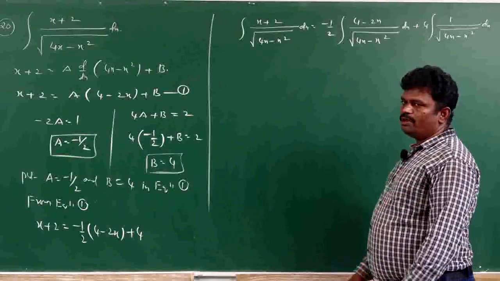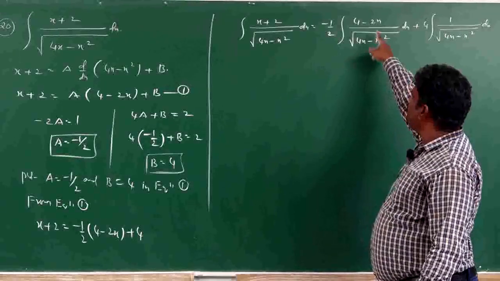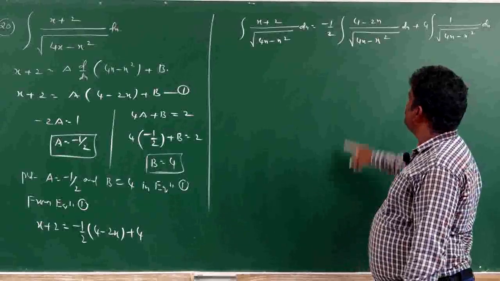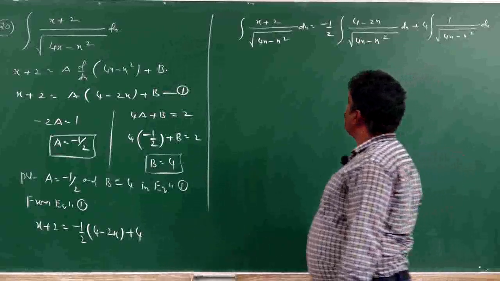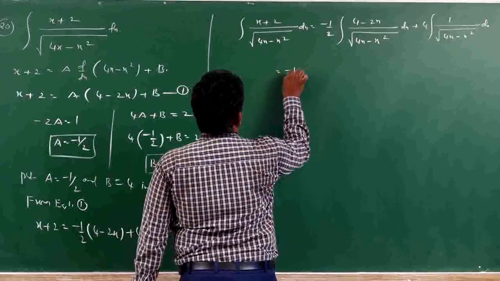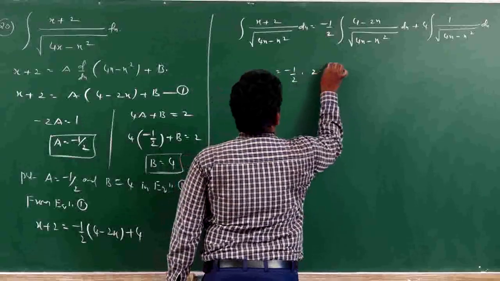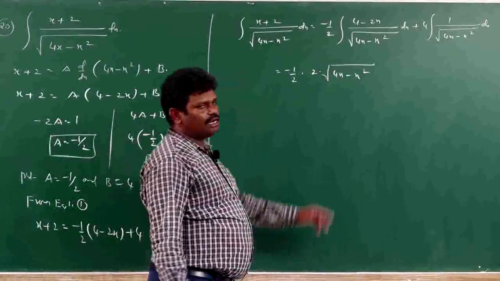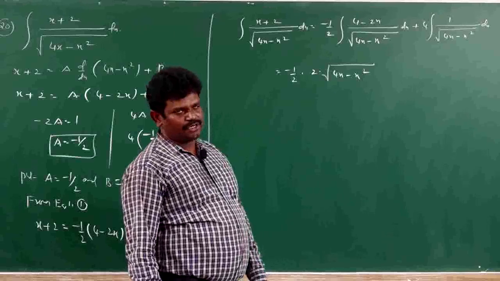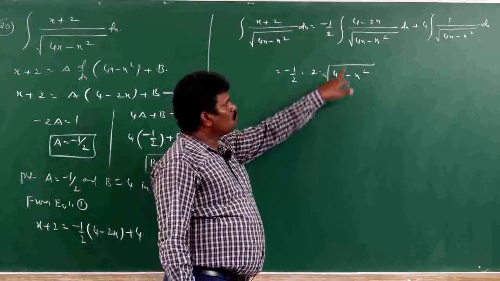Okay? So previously we explained the formula: integral of f dash of x by root of f of x dx, where the numerator is the derivative of 4x minus x square. So that is equal to minus 1 by 2 into root of 4x minus x square. Integral of f dash of x by root of f of x dx is equal to 2 into root of f of x.